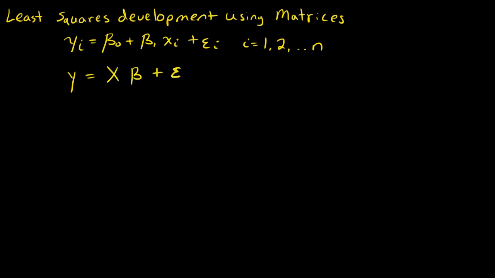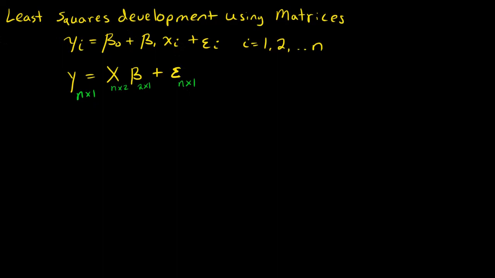This y is an n by 1 vector. X is our design matrix, and it is n by 2. Beta is our model parameters, beta 0 and beta 1. It's a vector, and it is 2 by 1. And lastly, epsilon is a vector that is n by 1, all the model error terms.